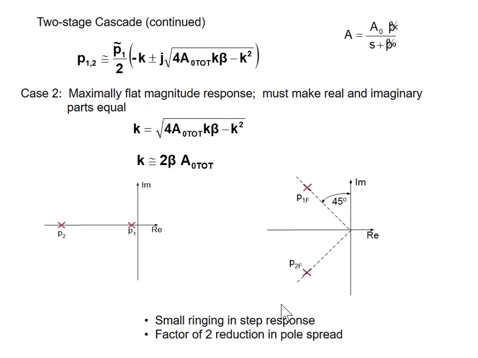Put it at 45 degrees. So we have to satisfy this equation, and we can solve this equation for K, and K is equal to 2 beta A naught. K is smaller. Okay? So we have a small ringing, but notice it's a factor of 2 reduction in the pole spread from what we had before.